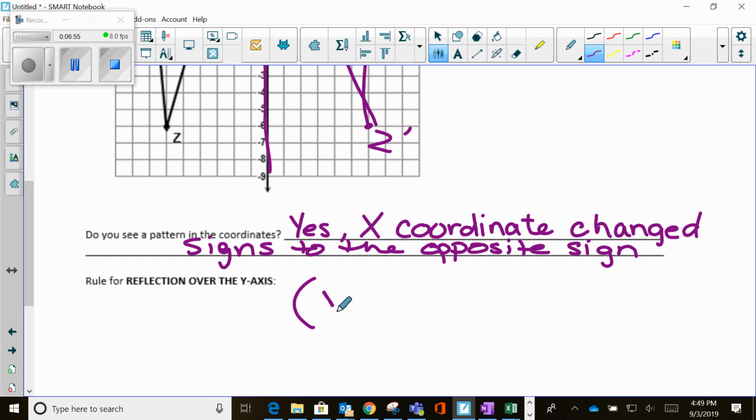And the rule to help you remember would be, if you have your point and we're reflecting over the y-axis, it's going to be the x-coordinate that changes.